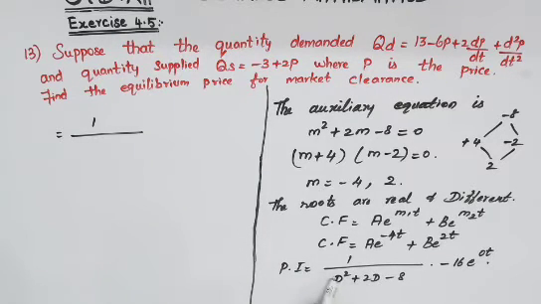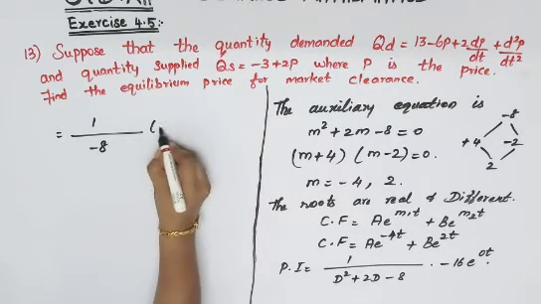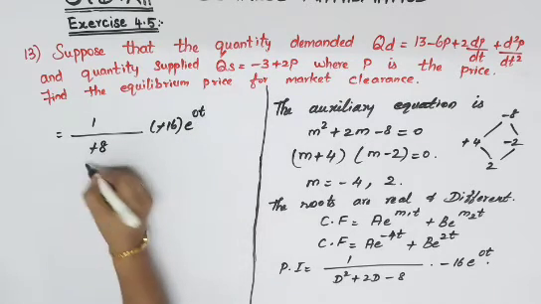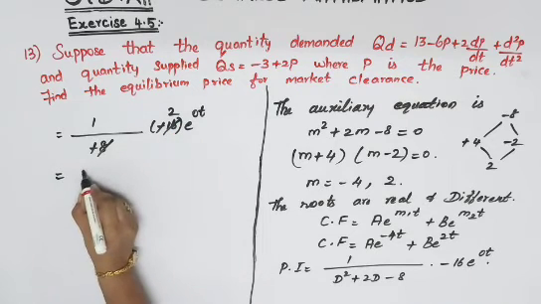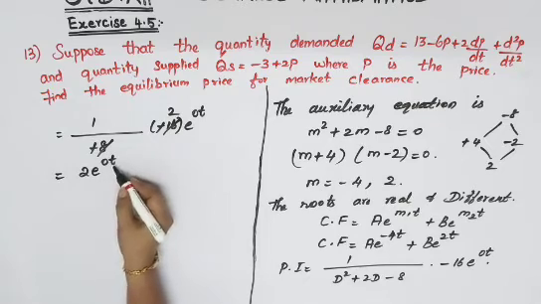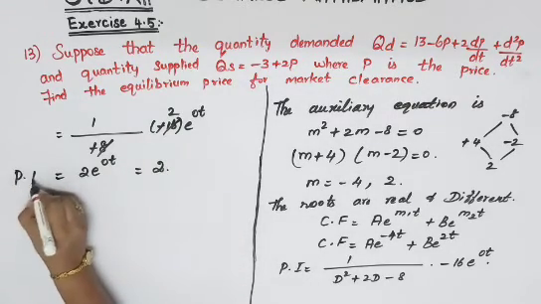Okay, so this part will become 0 and here this will become 0, only minus 8 will be there. So minus 8 again into minus 16 e power 0t. Minus and minus will go, 8 and 16 twice it will go. So the answer will be 2 e power 0t. Again e power 0 will become 1 itself, so straight away your answer will be 2. So that is your PI.